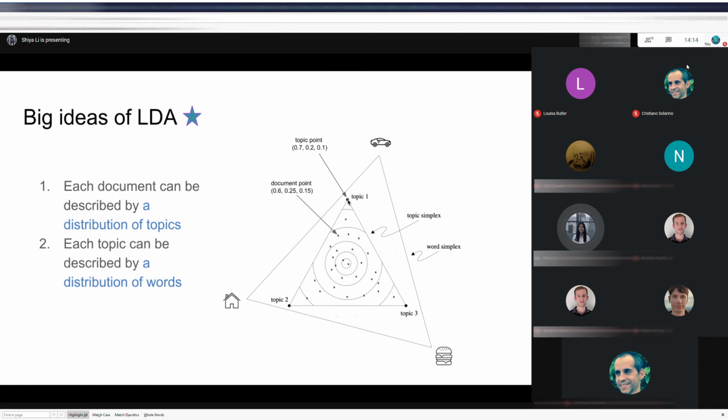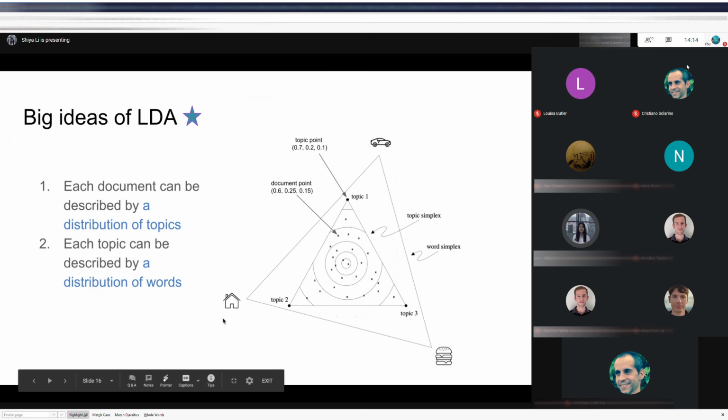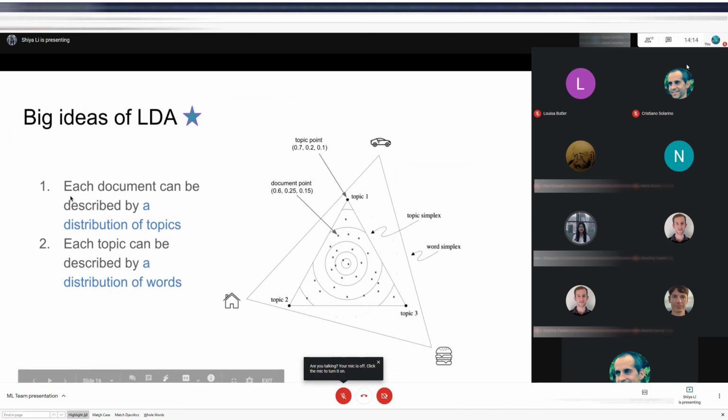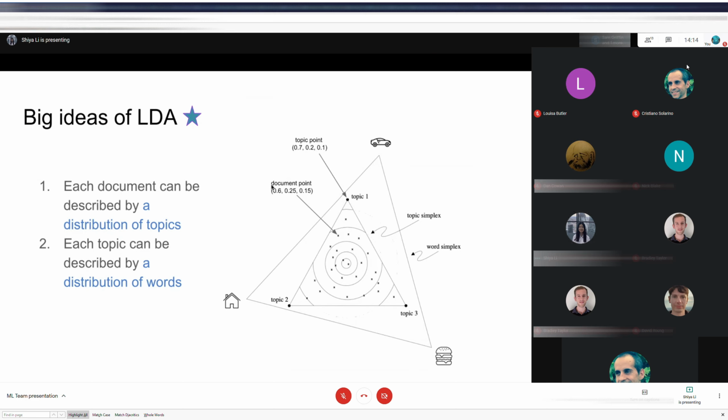So topic 1 got a point, let's set it to be 0.7, 0.2, 0.1, and we can see topic 1 consists of 0.7 times car plus 0.2 times house plus 0.1 times hamburger. That's what these two assumptions mean: each document is a distribution of topics, and each topic is a distribution of words.